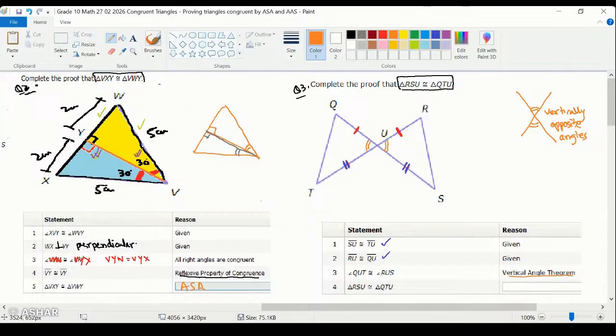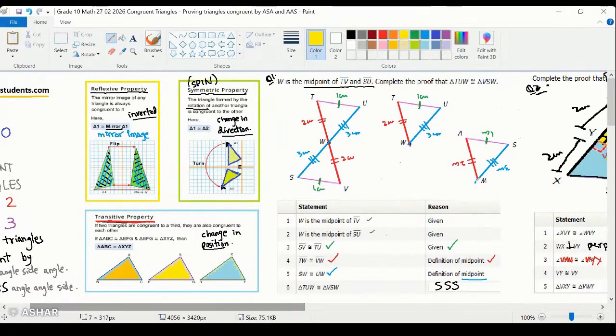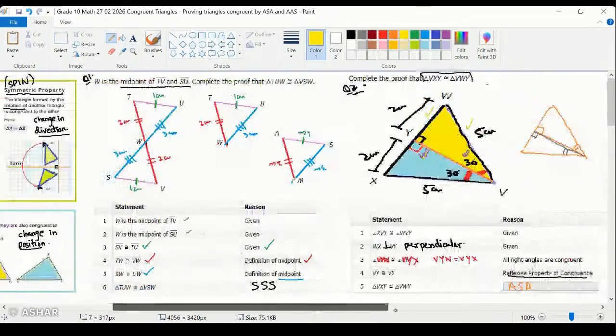So if these two angles are the same, then which property can we use? If this can be the line of symmetry, right? That means that's a reflection. That's an inverted image. And whenever we have a reflection, what do we say? It's the reflexive property.